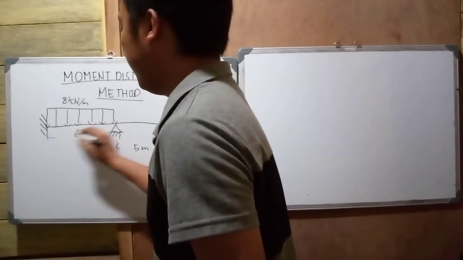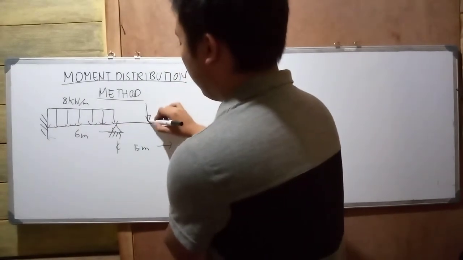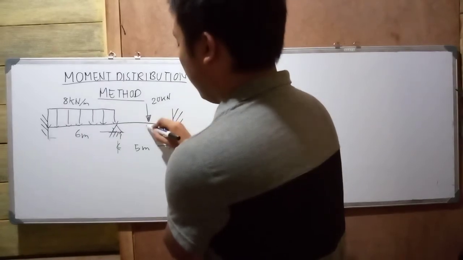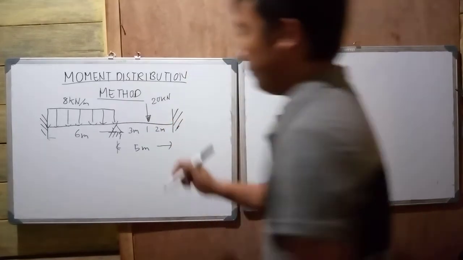So this is 6 meters, 5 meters, and let us add a point load of 20 kilonewton. Then from the left, 3 meters, and from the right, 2 meters.